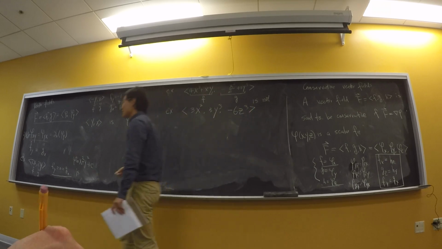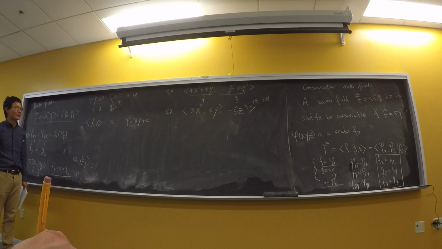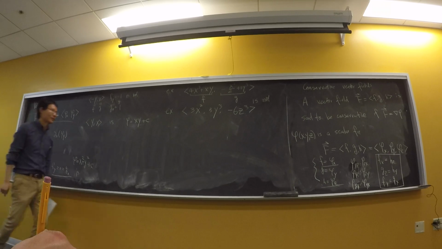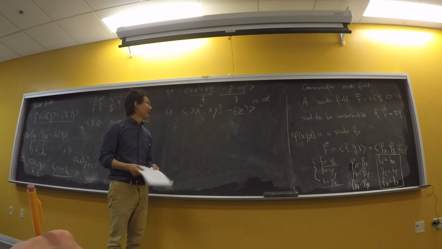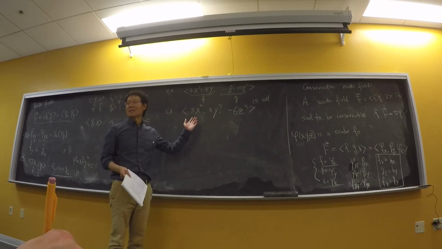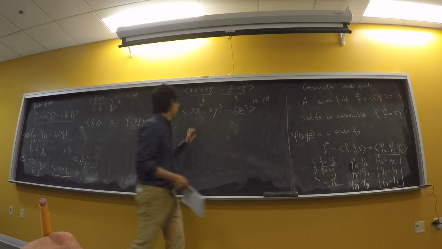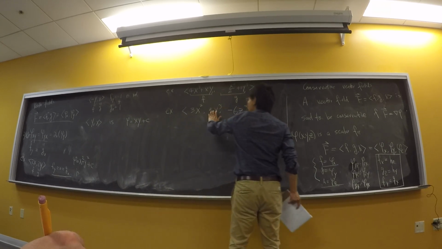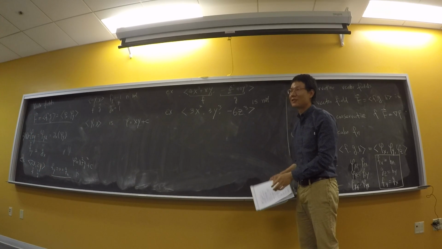This is a very, very easy vector field in terms of checking whether it's conservative or not. I can immediately say this is conservative. The x component only depends on x, the y component only depends on y, the z component only depends on z. This is the nicest vector field.